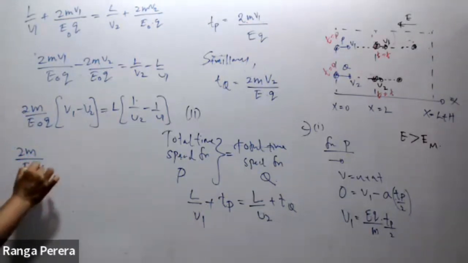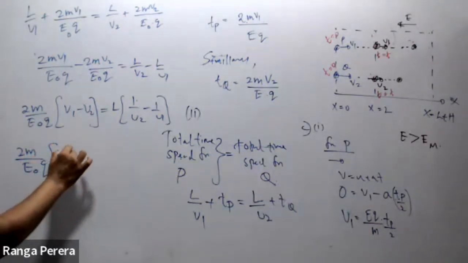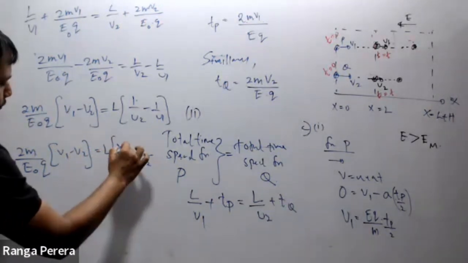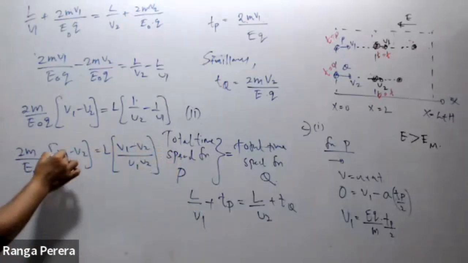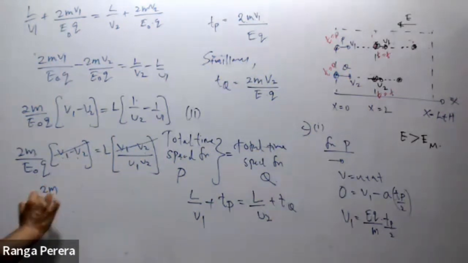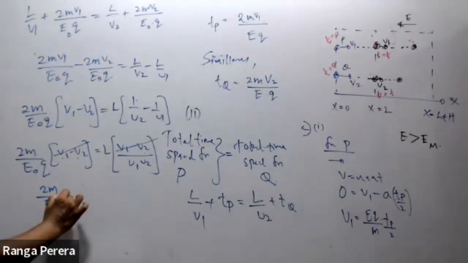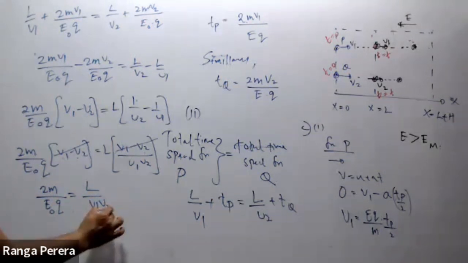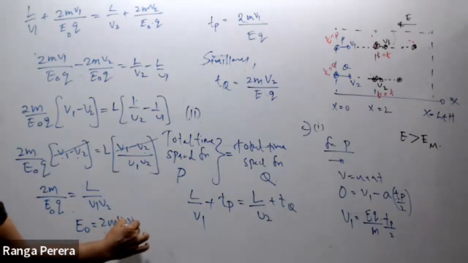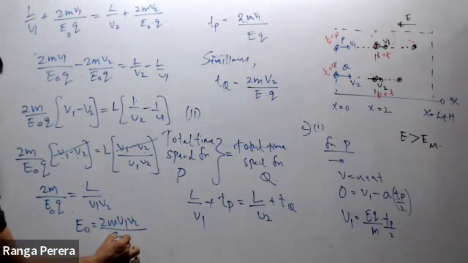Look at here how I am simplifying: V1 minus V2, V1 minus V2 cancel. 2m divided by E0 into Q equal L divided by V1 V2. So E0 equal 2m V1 V2 divided by Q into L. So this kind of value must be maintained for capital E0. Then you can get that answer.